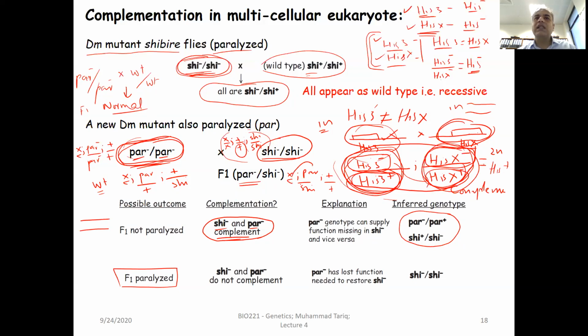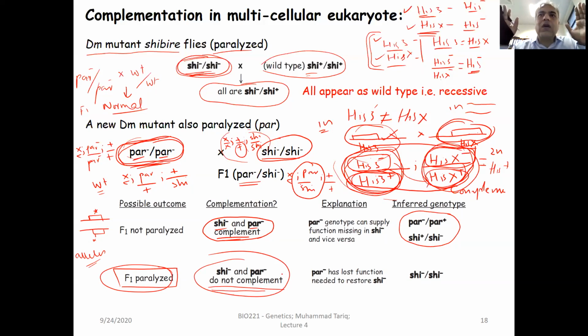If I draw this at the chromosomal level, the gene which carries the mutation for paralyzed and the gene which carries the mutation in Shibere are the same. They are alleles of the same gene. They do not complement each other. Allelic mutations do not complement each other. In that case, you will say paralyzed and Shibere are equal. They are in the same gene. Is it clear until now?